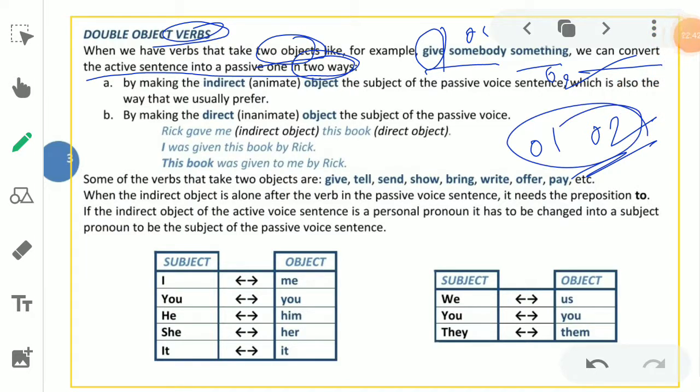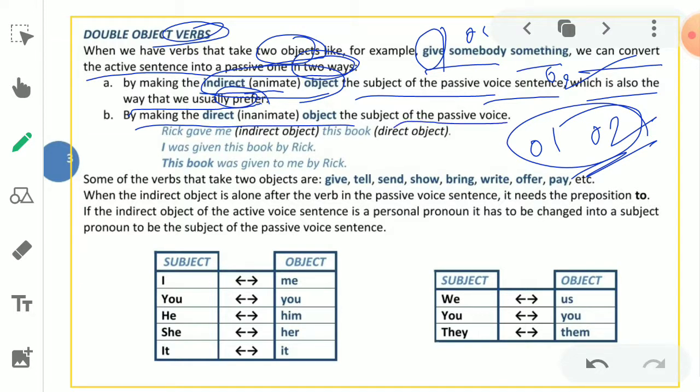First, by making the indirect or animate object the subject of the passive voice sentence, which is also the way we usually prefer. Second, by making the direct object the subject of the passive voice. So there are two ways.